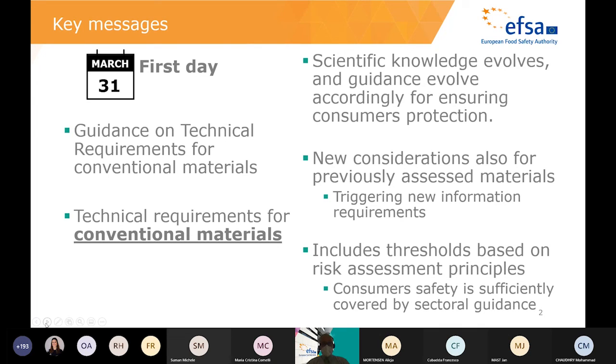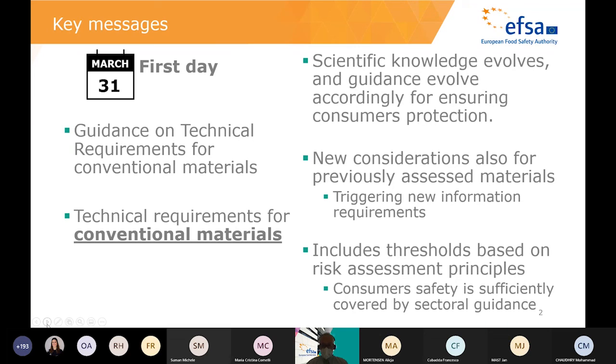And it includes thresholds based on risk assessment; they do not include definitions. It's not that we have a different definition for nanomaterials in these guidances. They are not definitions, they are conventional materials, and I want to stress this to be absolutely clear.